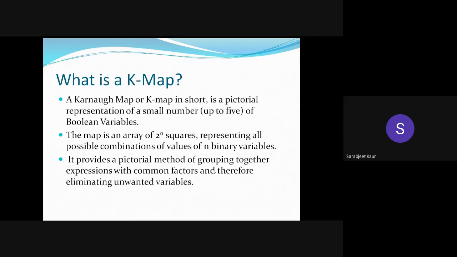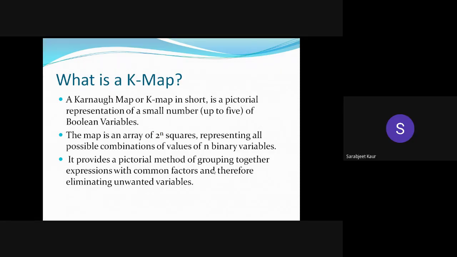What are the two unique input combinations that I can have for this Boolean variable? 0 and 1. If we have 2 variables, then 00, 01, 10, 11. If we have 3, then 000, 001, and so on up to 111.